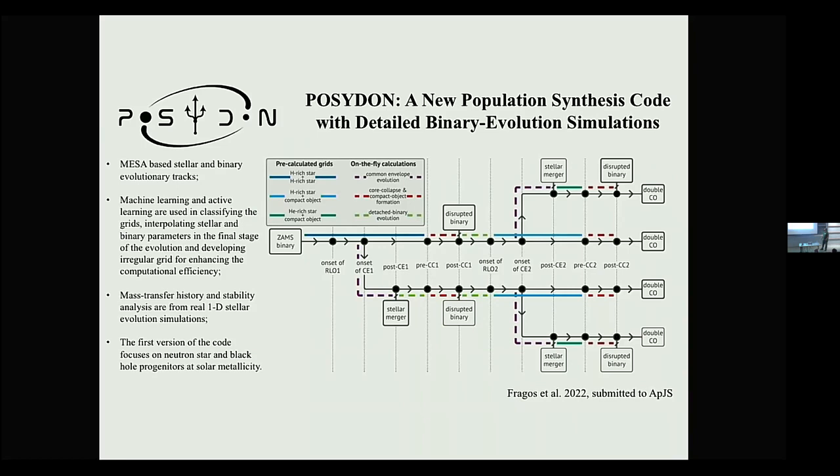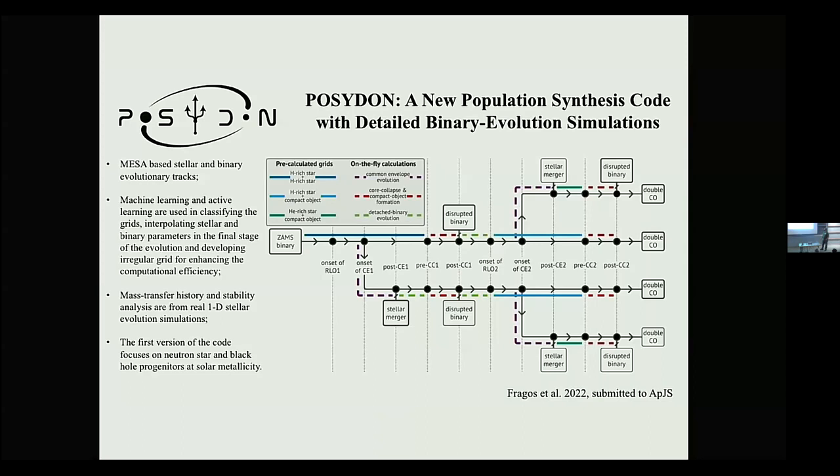For those big grids, the original grid contains more than 50,000 binary evolutions, and by using a new active learning algorithm, the number of grid points can be reduced to a small number, but we can get a better interpolation result. This just saves computational time.